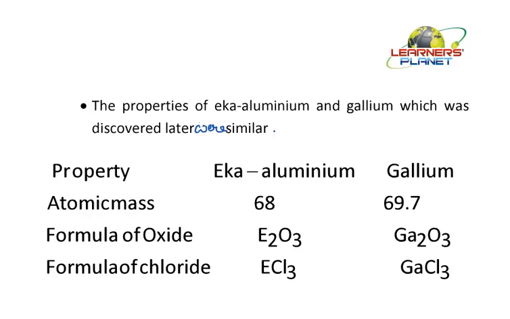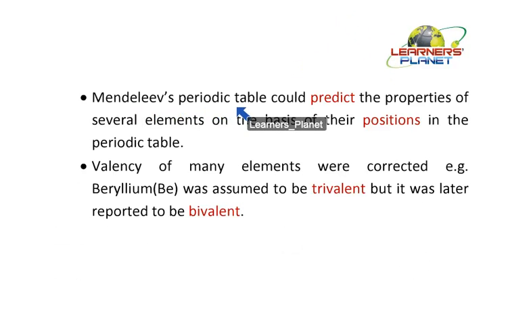Likewise, the element he named Eka silicon, that is the element after silicon, was later discovered and named germanium. So the properties of Eka silicon and germanium were the same. Let's see a few more merits. Mendeleev's periodic table could predict the properties of several elements on the basis of their positions.